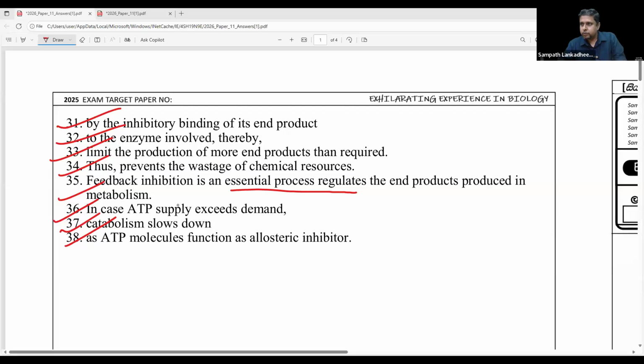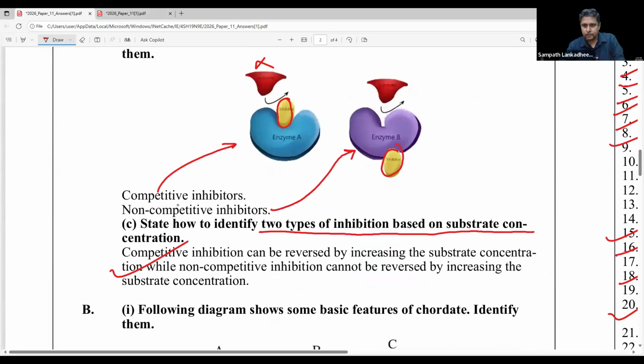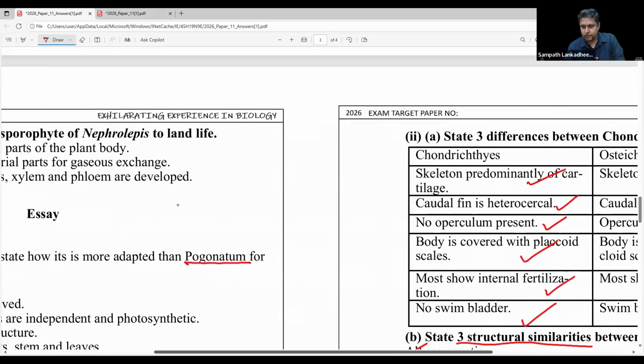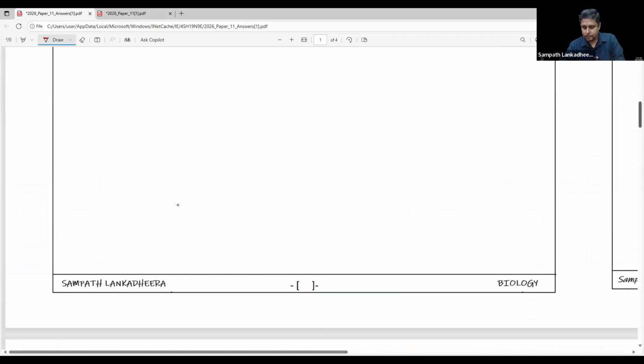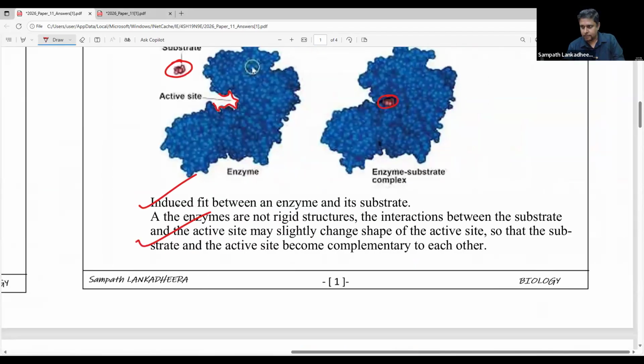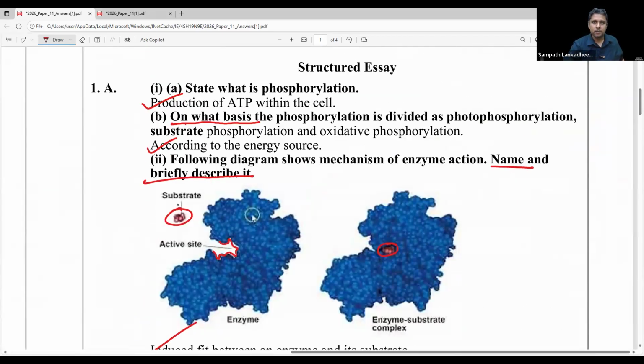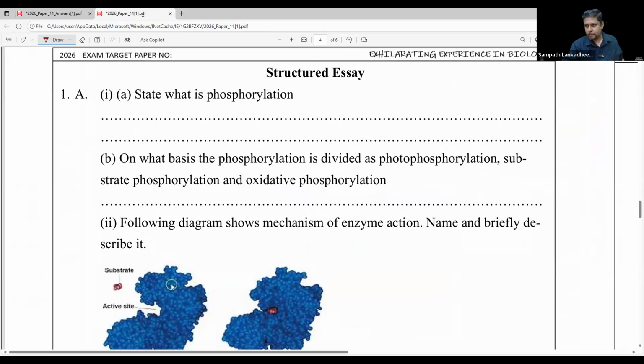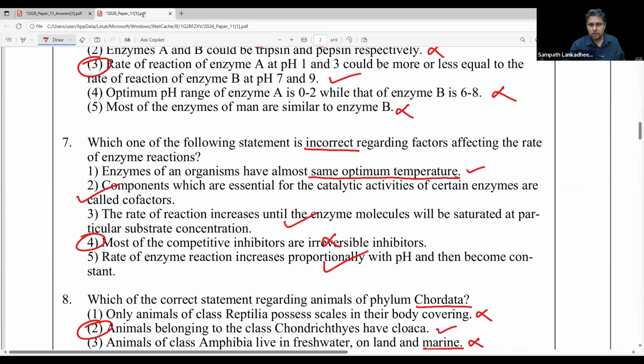So the marking scheme says 5 is the answer to the 7th question. Let me look at the 7th one.